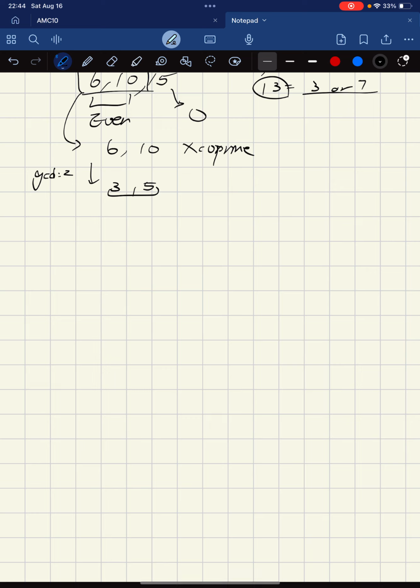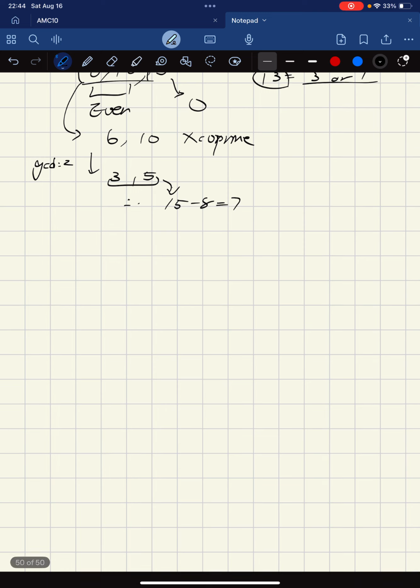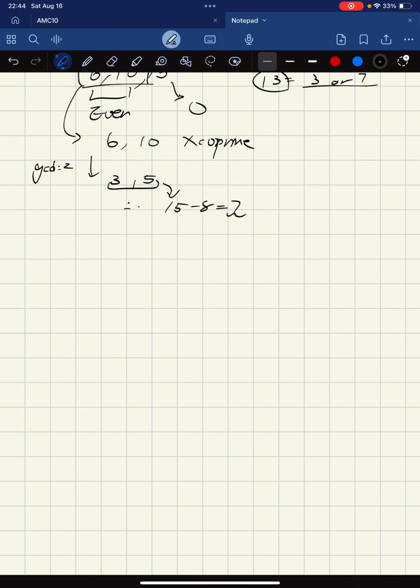We get 3 and 5, which are coprime. And according to the Chicken McNugget theorem, the largest number that cannot be expressed with 3 and 5 is going to be 15 minus 8, so 7. So note that 7 cannot be expressed in terms of 3 and 5. And now, since the GCD was 2, I just multiply by 2 to get 14.